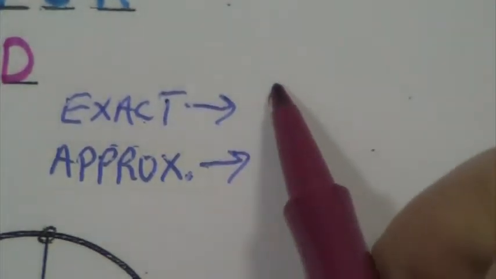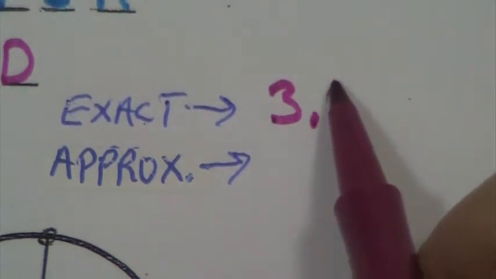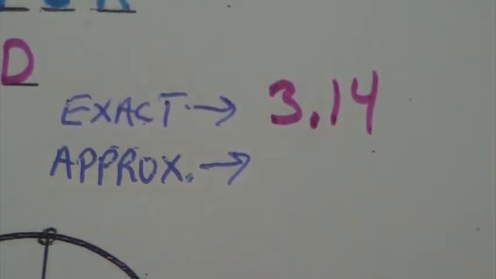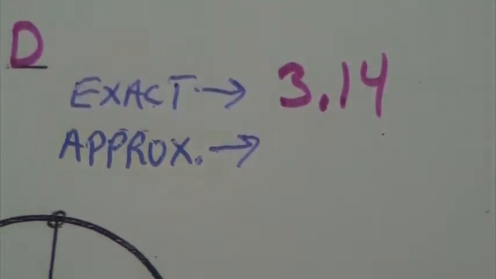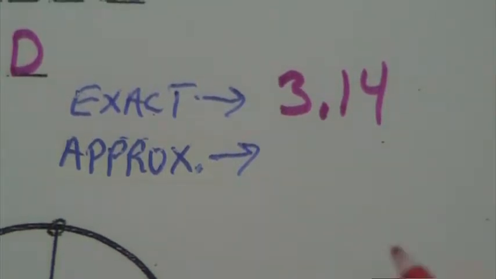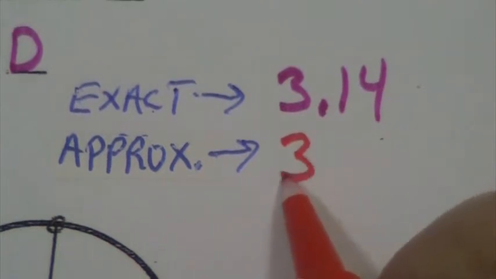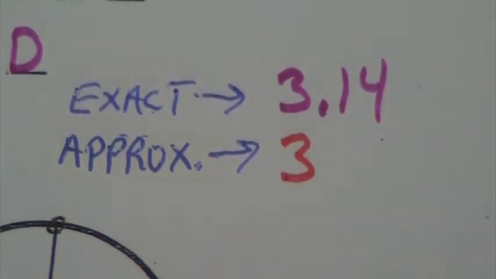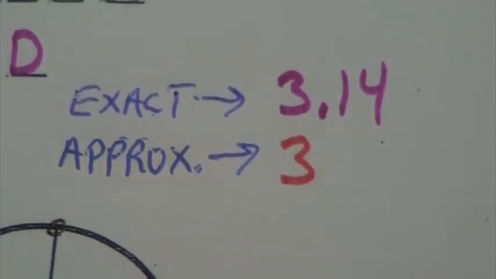So if we're to use the exact value, or the pi key in our calculators, we would just go ahead and use 3.14. And that's usually about as exact as we want to get. Now, for approximately, we would just use 3. It makes our life a lot easier.